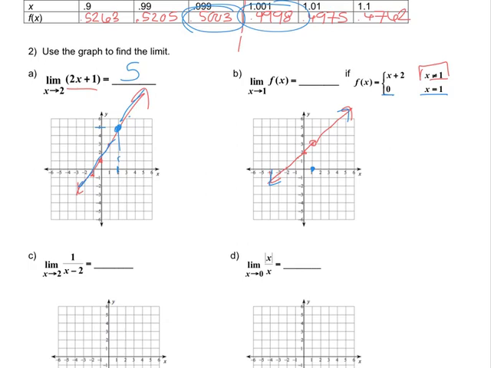So this is asking what is the limit as x approaches 1. Well, we see that as x approaches 1, our function is getting closer and closer to this y value of 3, but it never actually equals 3, because when x does equal 1, our y value equals 0. That's okay.